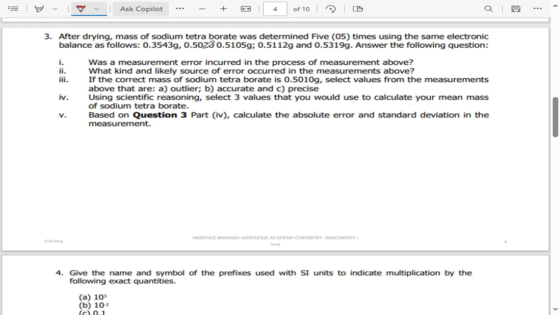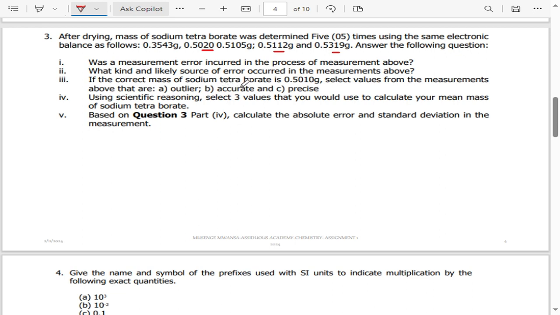Random errors, these are the ones which are responsible for these last numbers. Some he found 0.5020, again he found 0.5112, and again he found 0.53. These might be random errors, and also problems with the reading of the instrument. But this is more the setup of the instrument because the deviations are more.